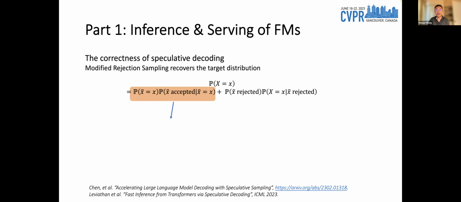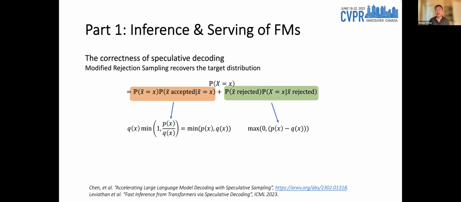That's the small model's generation probability times this acceptance probability. In the same way we do the same thing for the other case, and if you add them together, you'll find that it's the same probability as the target model, which is our, let's say, 65 billion LLaMA model. So in probability, it generates the same token as if you just used the LLaMA model.